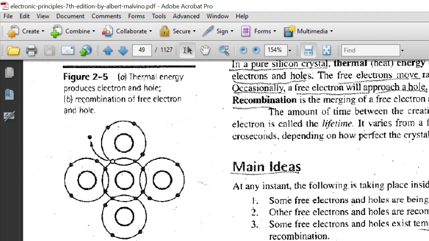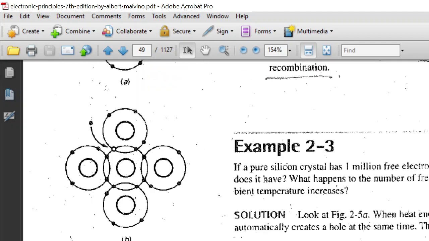So we don't exactly know how many free electrons and holes there are. However, some approximate numbers can be given. In example 2.3: if a pure silicon crystal has 1 million free holes inside it, how many free electrons does it have? We have already learned that the number of free electrons and the number of holes are the same, because only due to the electron getting freed up, the hole is getting created. So the number of free electrons equals the number of holes.